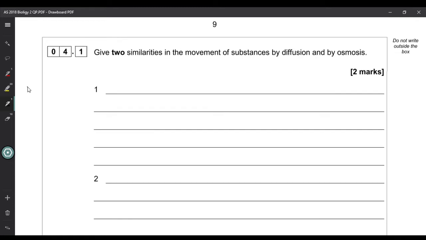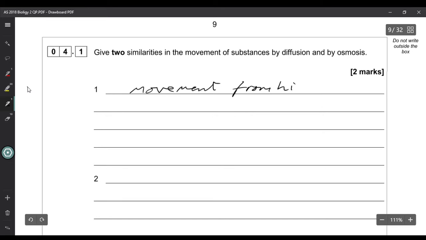So question 4 asks to give two similarities in the movement of substances by diffusion and osmosis. So again, two processes that you should be familiar with. We know that in both cases they have a movement from a high concentration to a low.